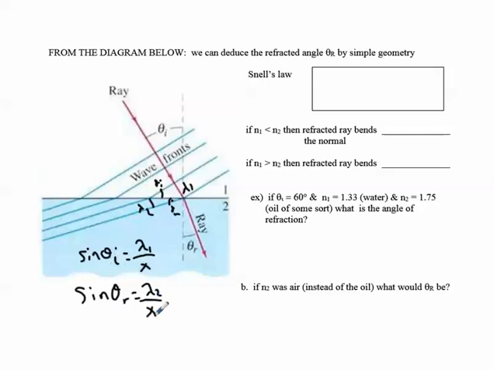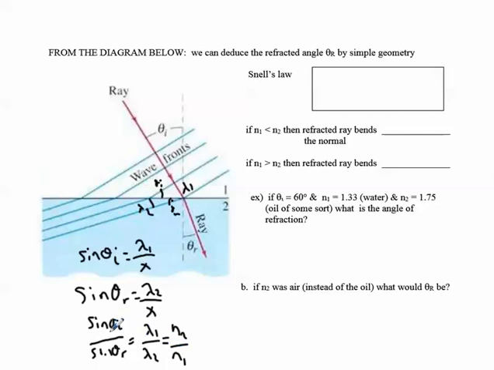If we divide the two equations, then the sine of theta I divided by sine theta r equals lambda 1 over x divided by lambda 2 over x, which is nothing more than lambda 1 over lambda 2. And if you recall from our previous lesson, lambda 1 over lambda 2 is the same as n2 divided by n1.